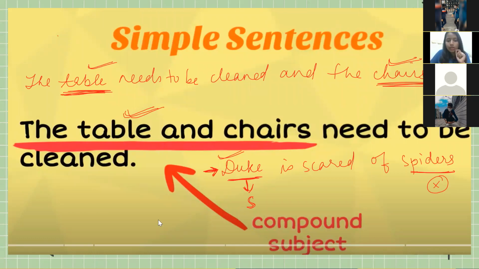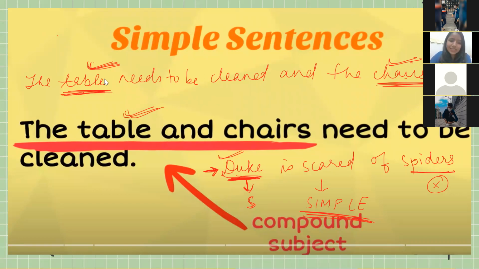Okay? So here, this will be a simple sentence, because even though there are two nouns, the subject is only one. But here, this is not a simple sentence because there are two different subjects. Got it? In a simple sentence, there's only one subject and one verb.